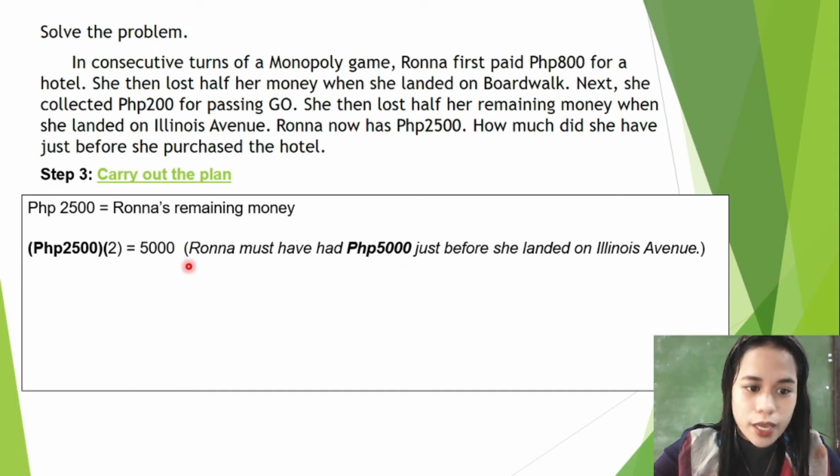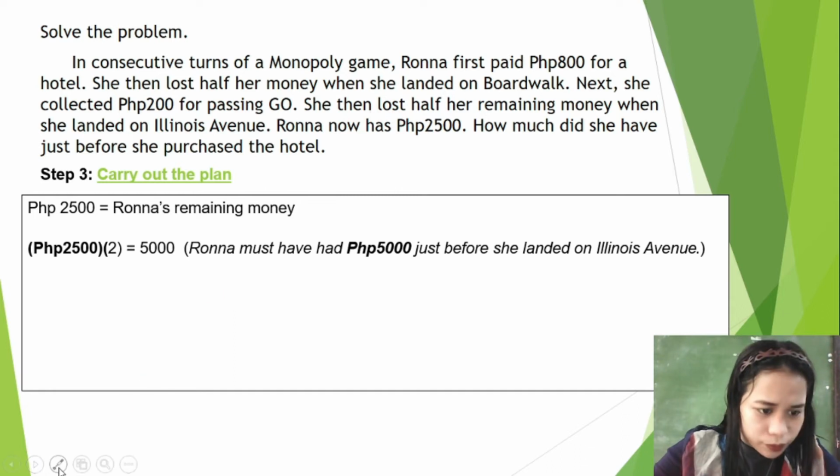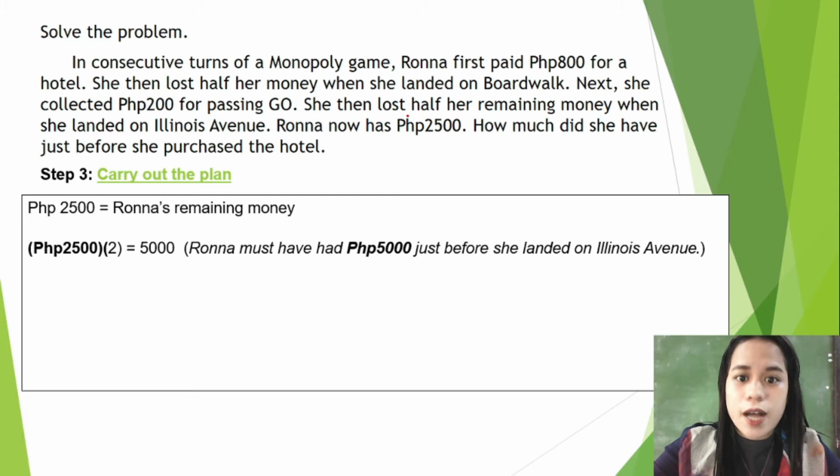Since sinasabi dito, she lost half her remaining money, so dinivide siya sa 2. Ilan ba yung original money niya na kapag dinivide mo sa 2, the answer is 2,500?